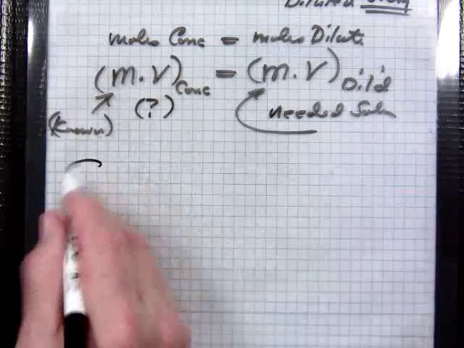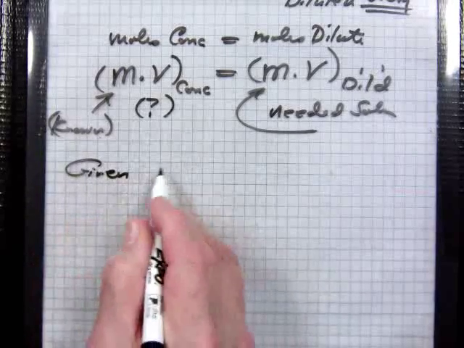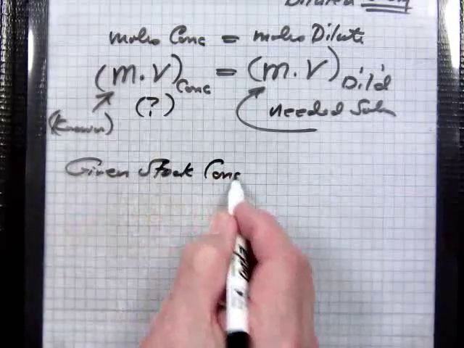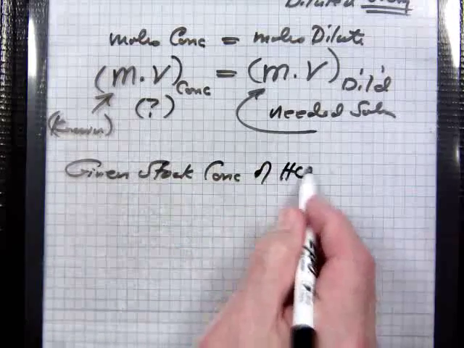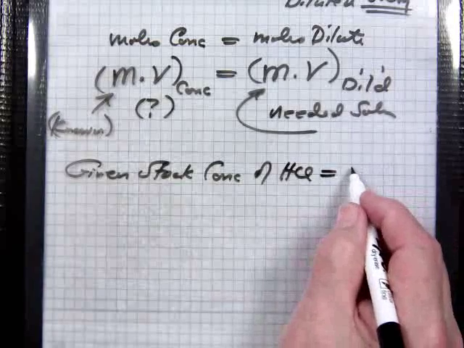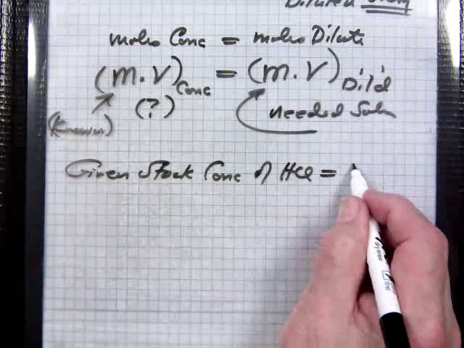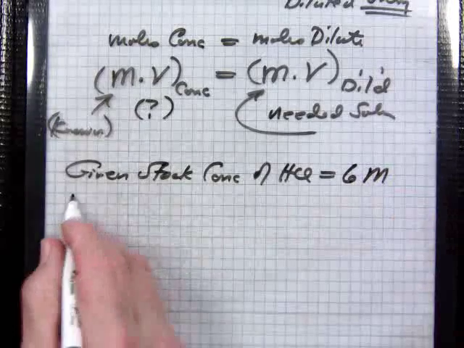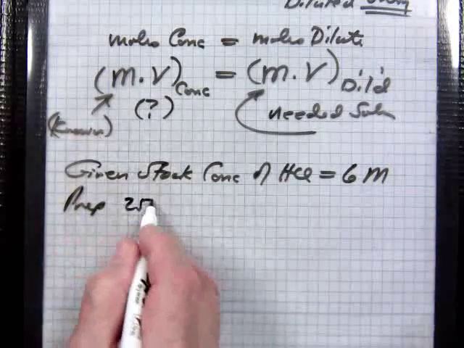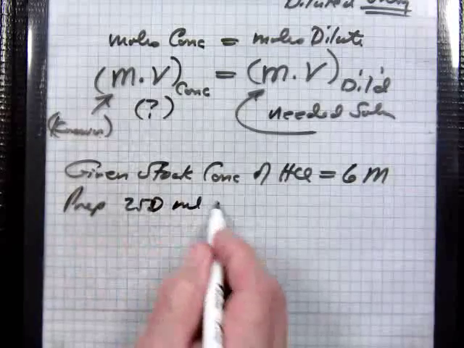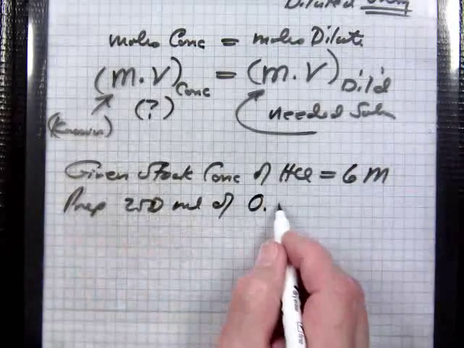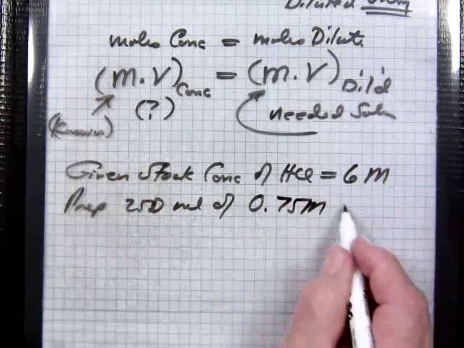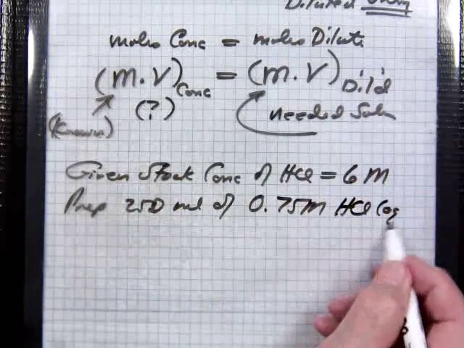Let's say you're given stock concentrate of HCl that's equal to, say, 6 molar. Prep 250 milliliters of 0.75 molar HCl, aqueous solution.